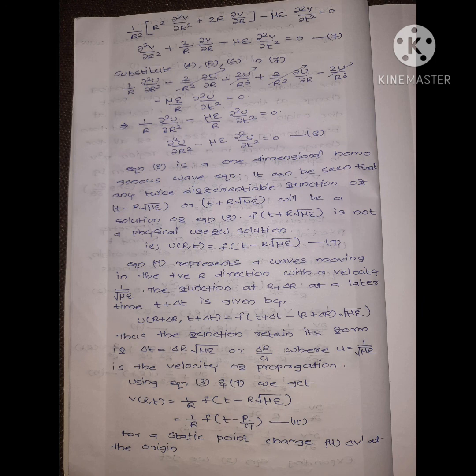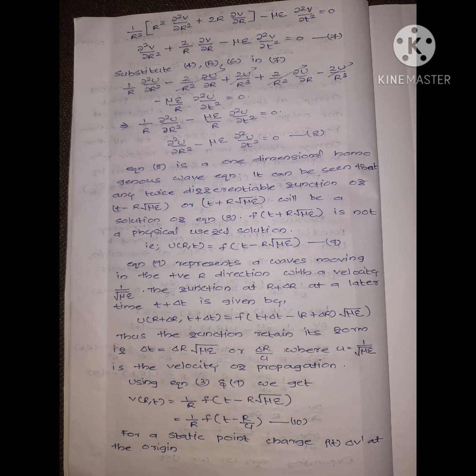We cancel (2/r²) ∂u/∂r and 2u/r³. The equation becomes (1/r) ∂²u/∂r² − (με/r) ∂²u/∂t² = 0. It implies ∂²u/∂r² − με ∂²u/∂t² = 0. This is the one-dimensional homogeneous wave equation.